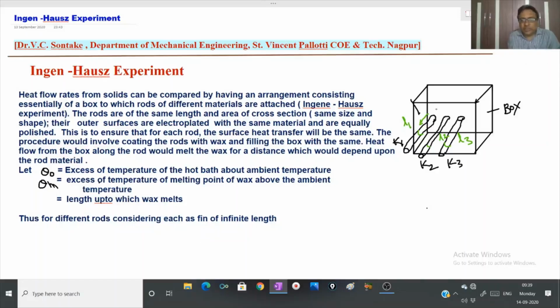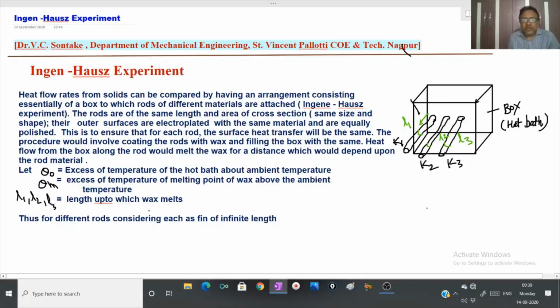So this box contains the hot bath. Similarly, let us consider L1, L2 and L3 as the lengths up to which wax melts.